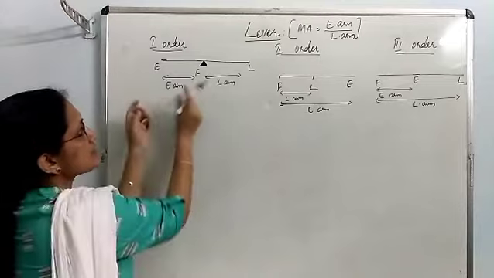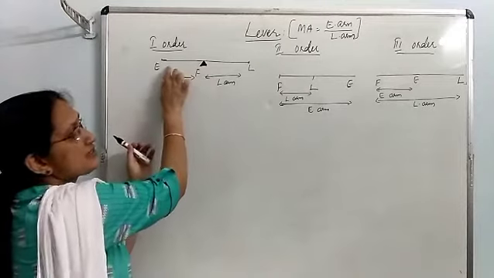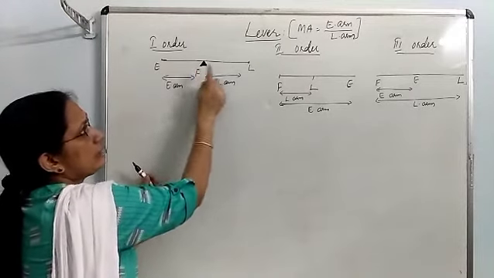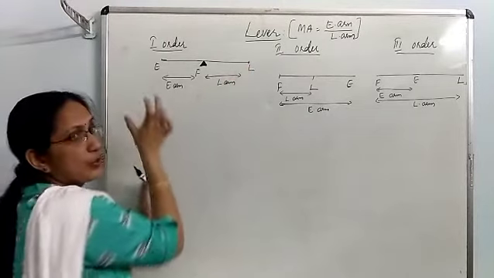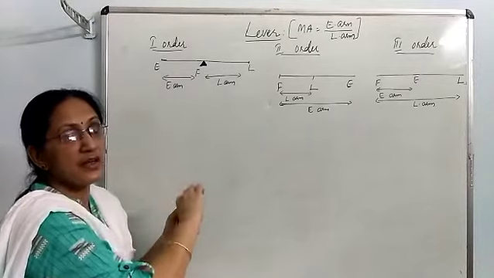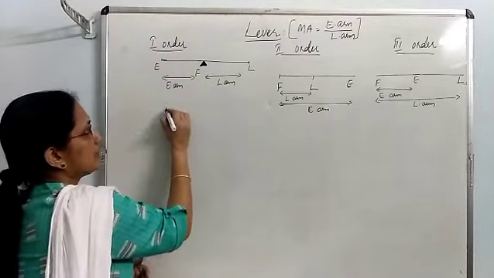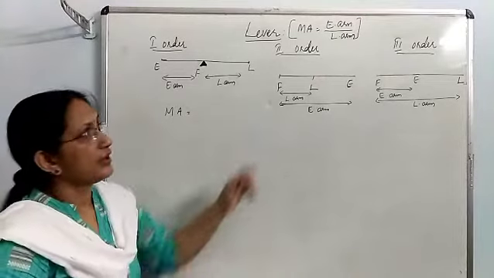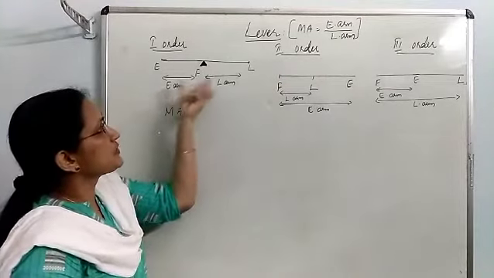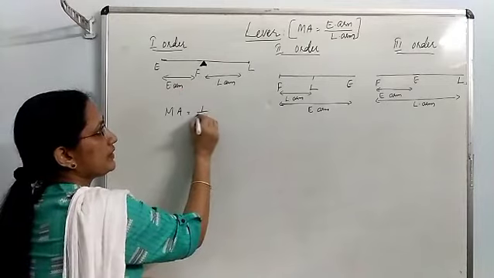That means the effort arm, that is the distance from effort to fulcrum, and the load arm, that is the distance from load to fulcrum, are equal. Fulcrum comes in the exact midpoint. Then what will be its MA? MA is equal to effort arm by load arm. Since both are equal, MA will be equal to 1.